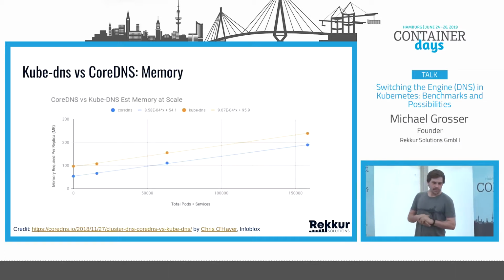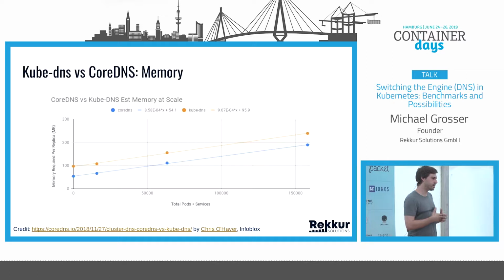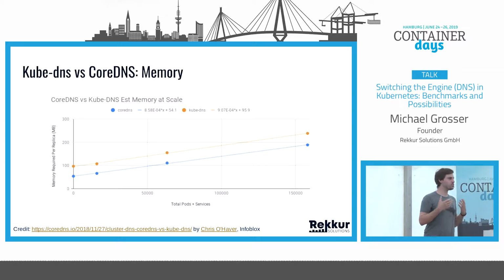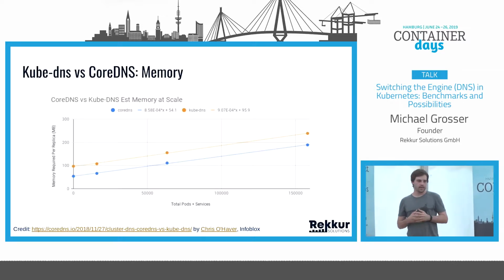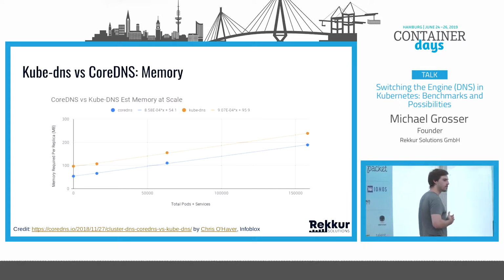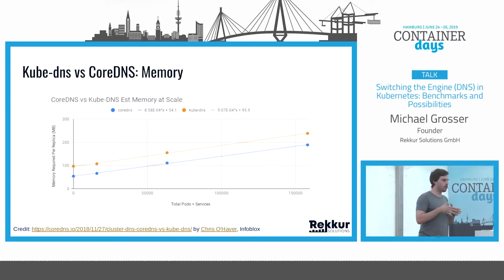So jumping into the switch specifically, another reason why the switch from Kube-DNS to CoreDNS was done was performance optimizations. It was hard to add new things in SkyDNS, and with the plugin system, we could modularize the whole system.